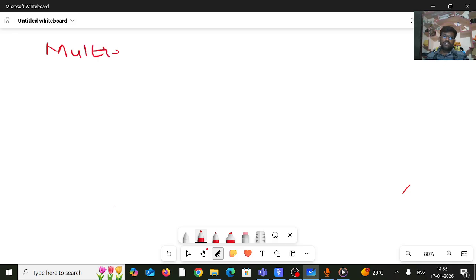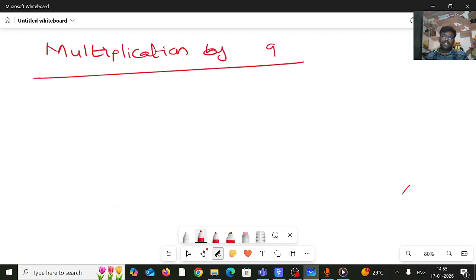Multiplication by 99. How do you multiply a number by 99? Suppose 46 multiplied by 99. Generally, some of the members will take 46 into 100 minus 1.